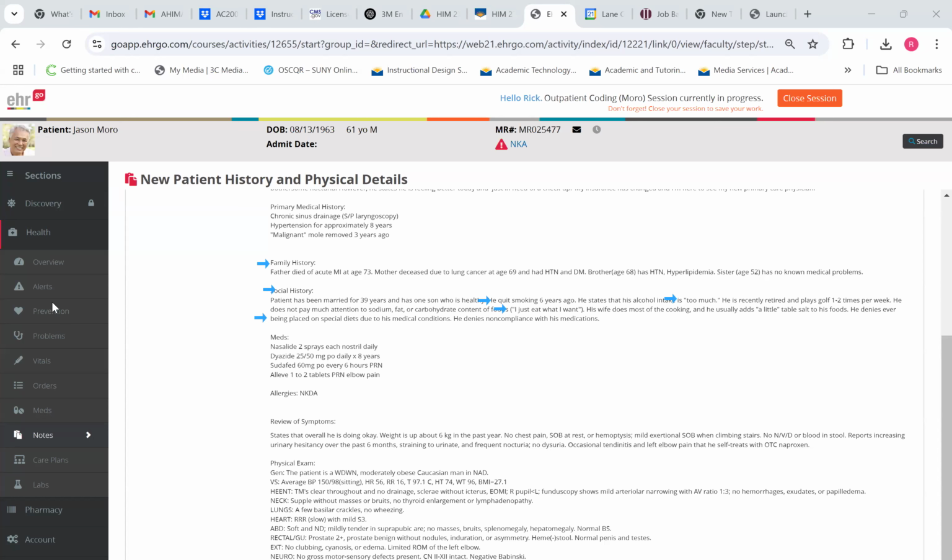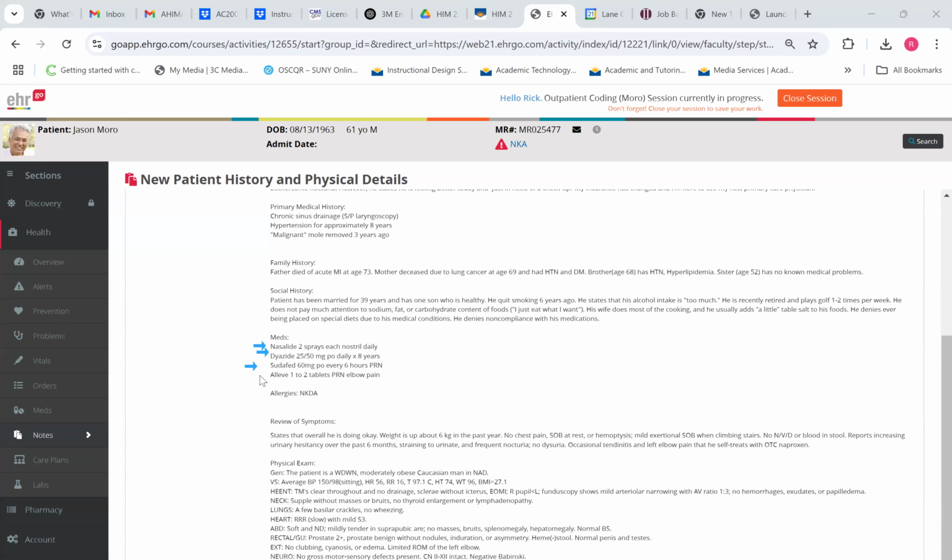Now we get into some interesting things that give us some clues as to what's going on. The meds: he's taking Astelin, 2 sprays each nostril a day. Thiazide, a med used for hypertension for 8 years.